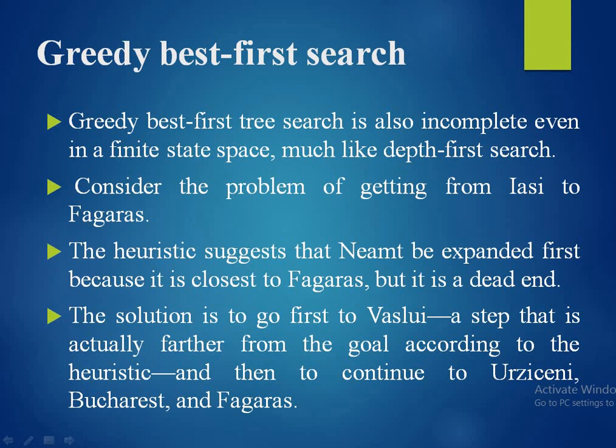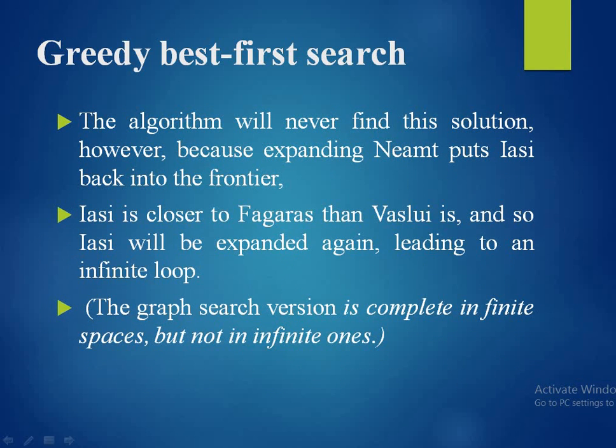The solution is to go first to Vaslui, a step that is actually farther from the goal according to the heuristic, and then continue to Urziceni, Bucharest and Făgăraș. The algorithm will never find this solution.